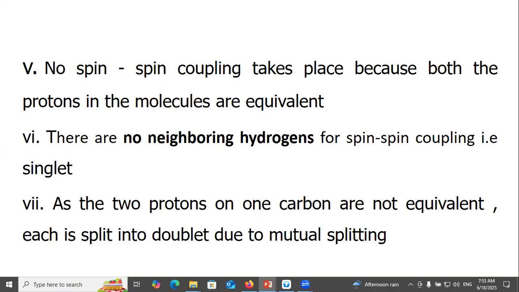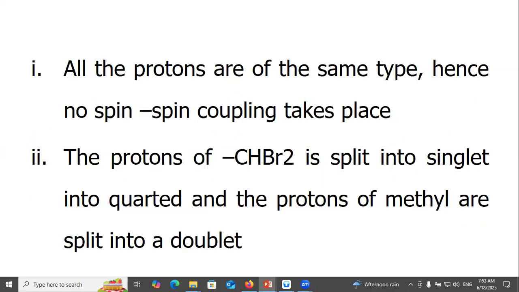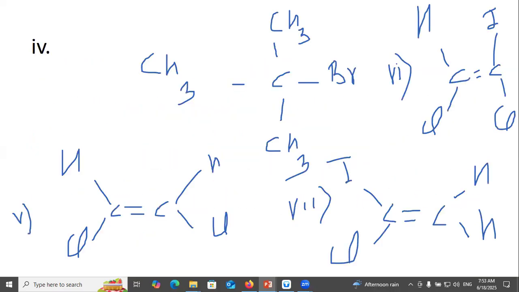Each is split into a doublet by mutual splitting. This hydrogen has chlorine and this hydrogen has iodine, so these hydrogens are non-equivalent.